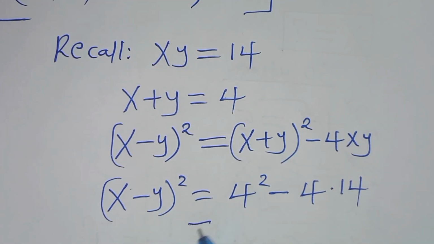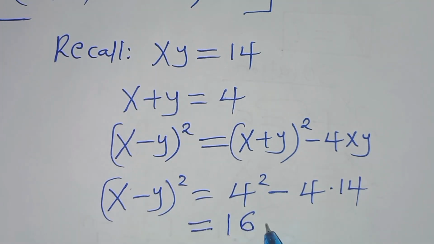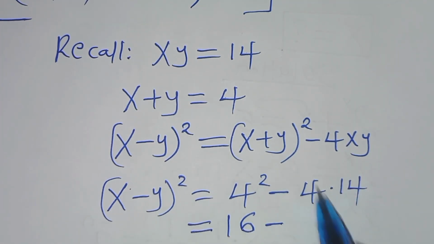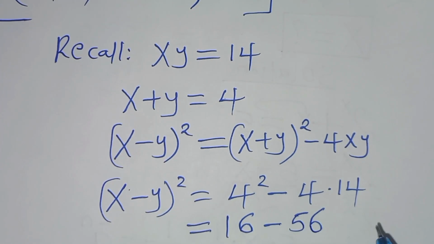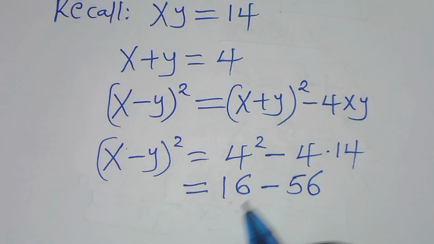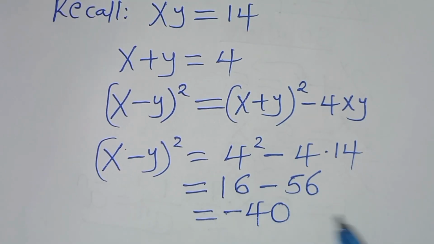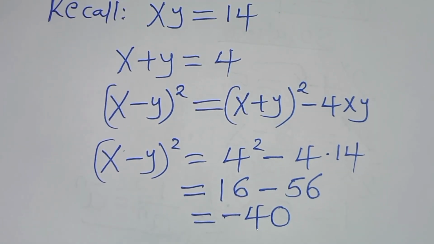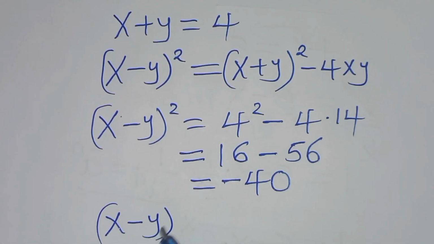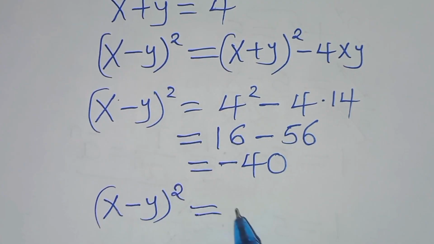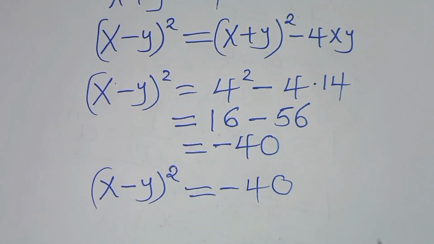So here we have 16, subtract 4 times 14, this is 56. So now this is 16 minus 56. This is minus 40. So (x minus y) squared is equal to minus 40.